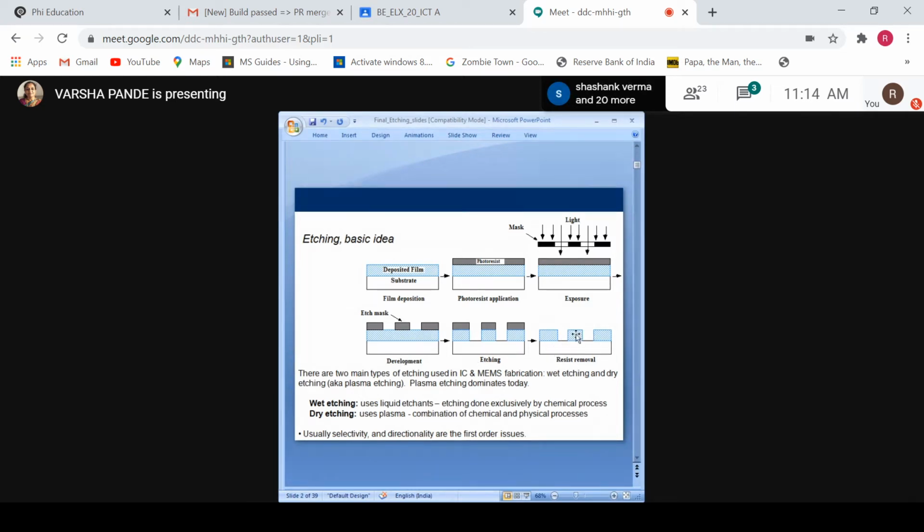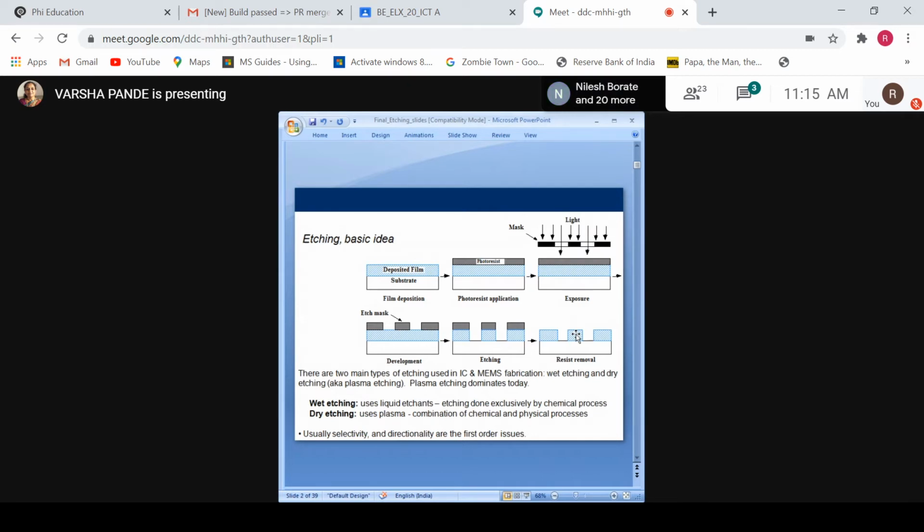Now etching, already I told you that there are two types of etching mainly: wet etching and dry etching. Wet etching, as name indicates, generally the liquid etchants are used, and it is a simple process that in the wet etching solution, the wafers are placed inside that solution.